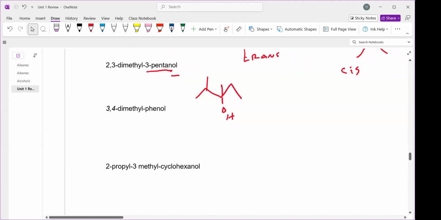Okay, this we're starting with a phenol, which is the benzene ring with an OH group. And the phenol automatically makes that carbon number 1. So we have 1, 2, 3, 4.